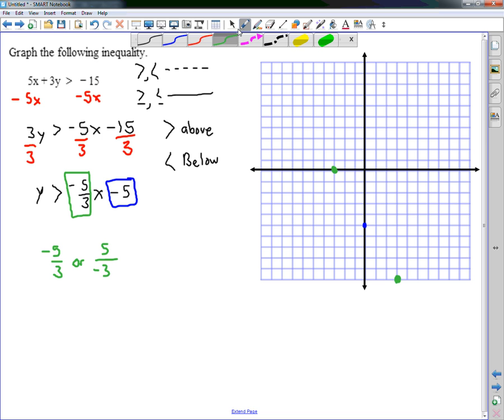Okay. To determine if it's a solid or dashed line, again, we look at the inequality symbol. It is a greater than, so that tells me that it should be a dashed line, and you'll have that option in Math Excel. We'll look at that in just a second.